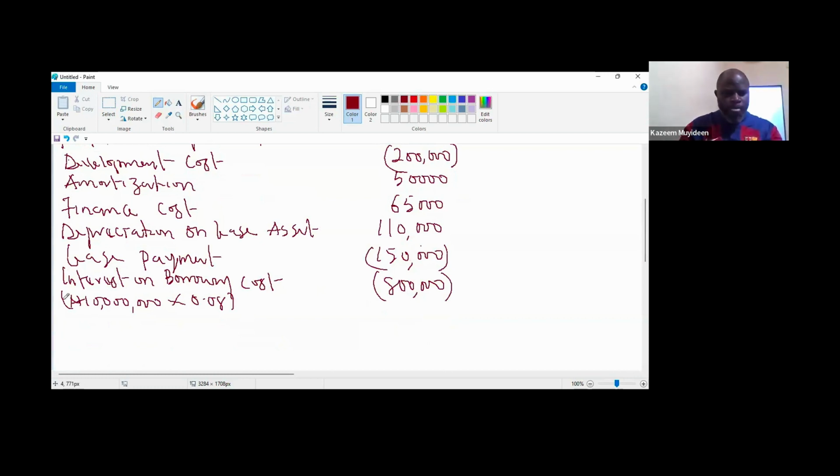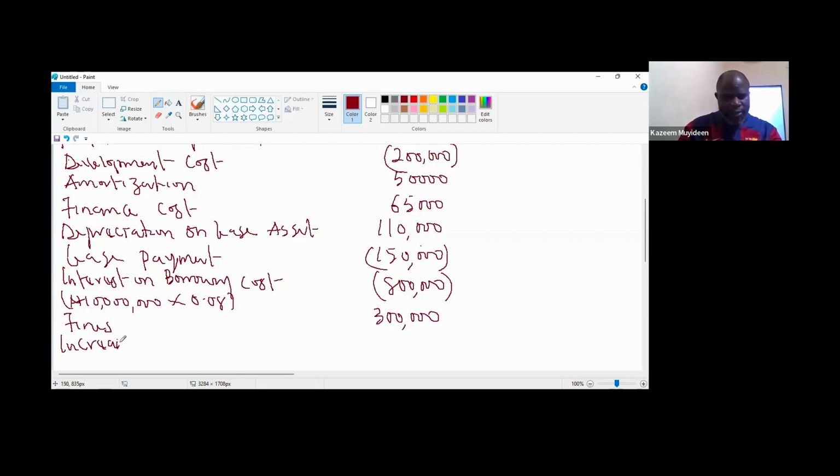Next, fines. How much is the fines? 200,000 was paid as a fine for contracting loss of 300,000. See these disallowable expenses. Now, general provision has been increased. And that's okay.